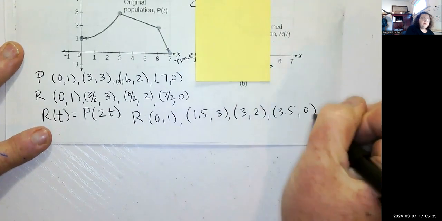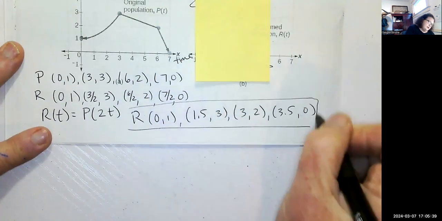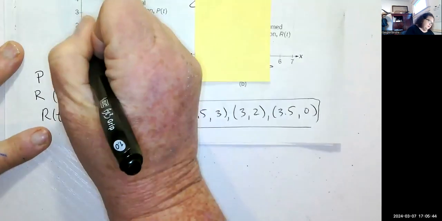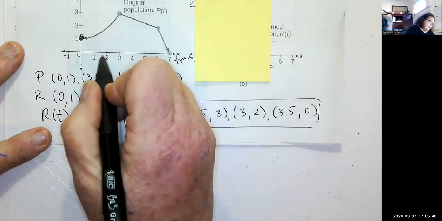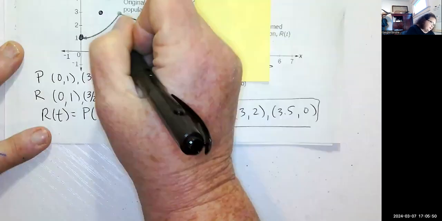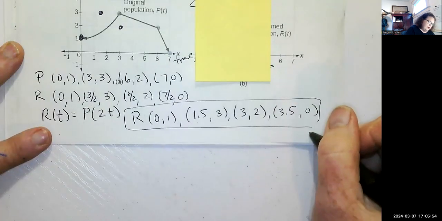All right. So I'm going to plot these and see how this turns out. So (0, 1) is still the same original one. (1.5, 3), (3, 2), and (3.5, 0).